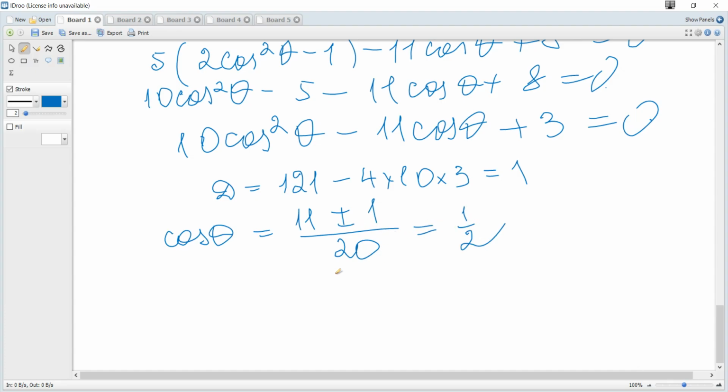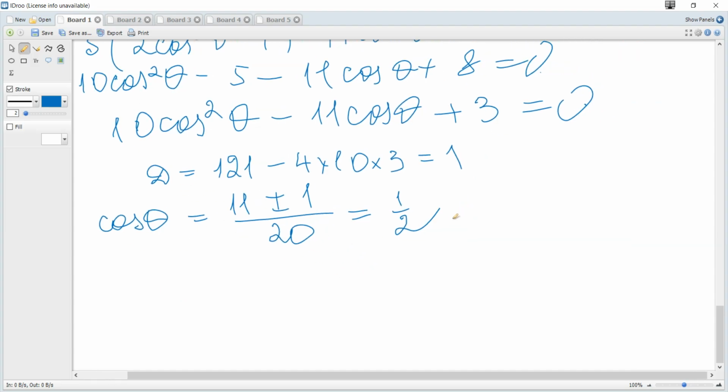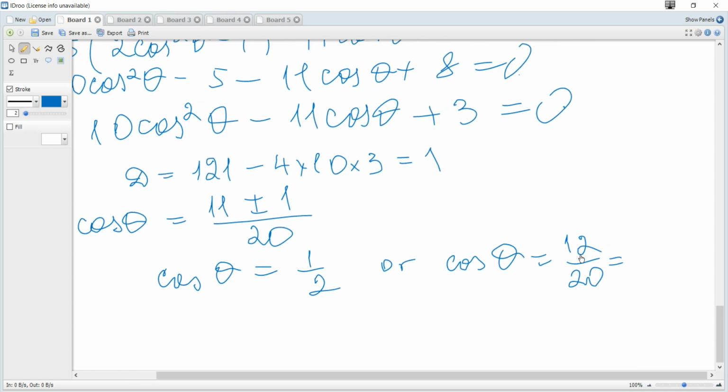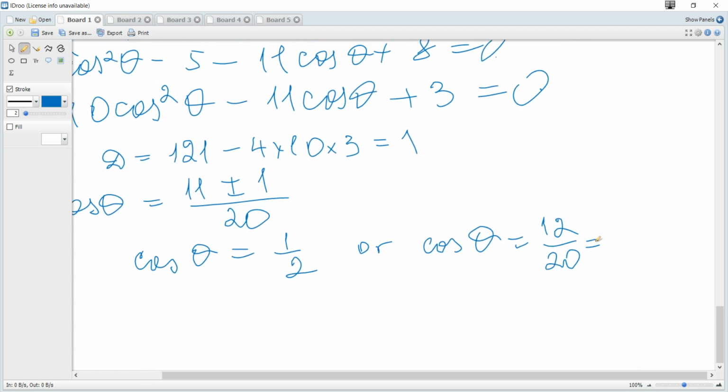It's a half, so cosine is a half, and when plus, cosine is what, 12 over 20, or we divide by 4, we get 3 over 4. Sorry, 3 over 5.